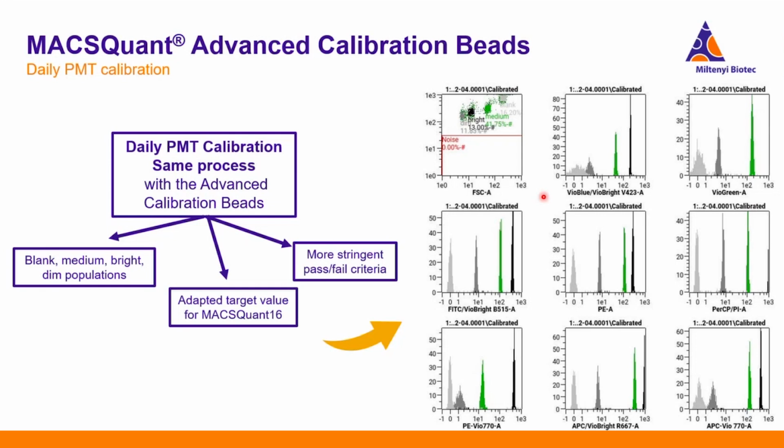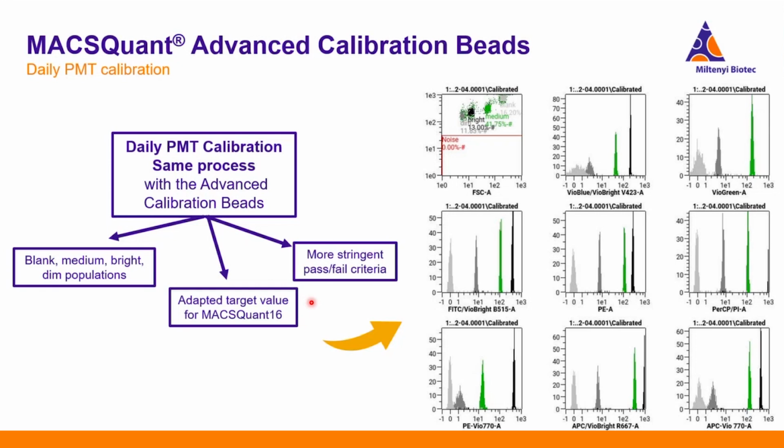In the background, there are also some smaller changes. One is, especially for the MACSQuant 10, the pass-fail criteria are now a bit more stringent, which means we have a higher quality standard, if you want. And on the MACSQuant 16, there was also a change, a minor adjustment for the targets.